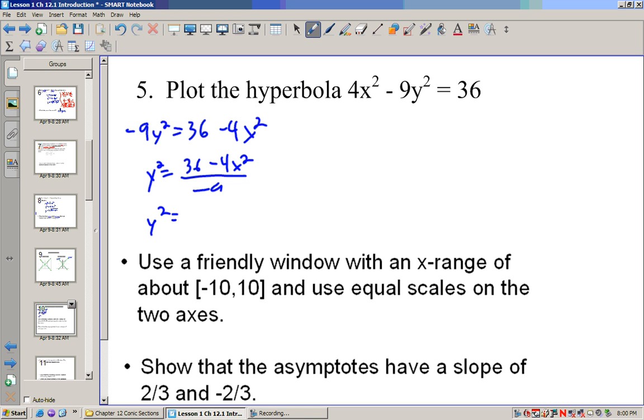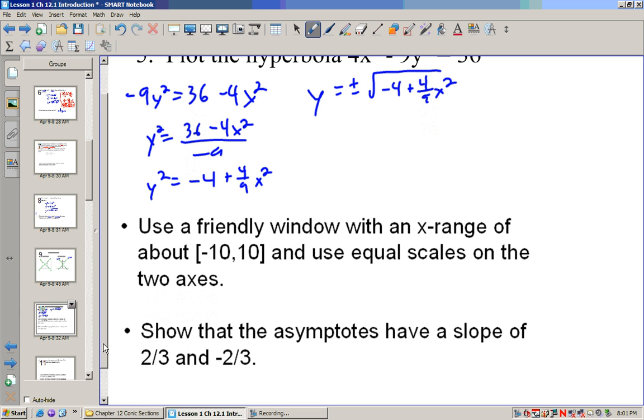So y squared is going to be negative 4 plus 4/9 x squared. So now I take the square root of both sides, so y is equal to plus or minus the square root of negative 4 plus 4/9 x squared. Now if you graph this, you'll see that the asymptotes now have a slope of 2/3 and negative 2/3.